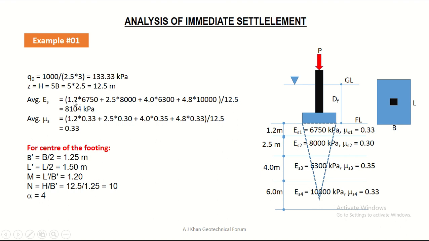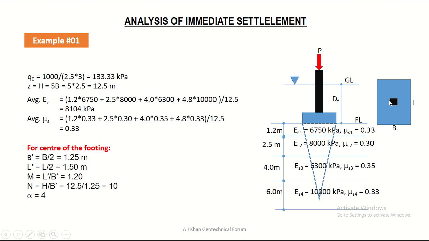So the thickness of the layer 1.2 times the modulus of elasticity plus 2.5 times 8000 plus 4 times 6300 and plus 4.8, that is the amount the zone of influence penetrates into the fourth layer, times 10,000, divided by the whole thickness or the zone of influence, will give you the weighted average of modulus of elasticity within the zone of influence. And we are not interested beyond the zone of influence, whatever is there. And the average Poisson's ratio, similarly, you can calculate as 0.33.